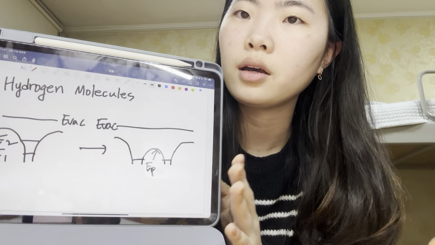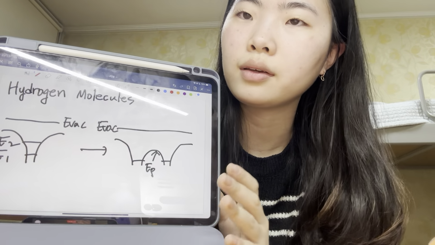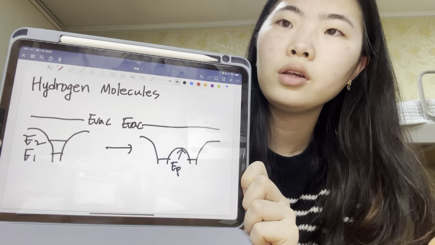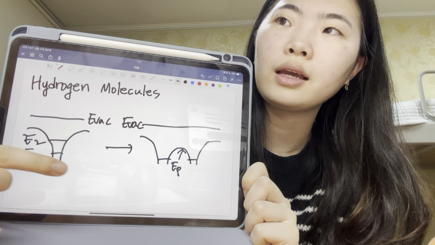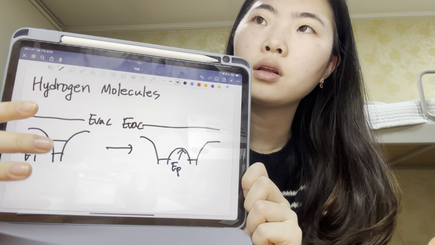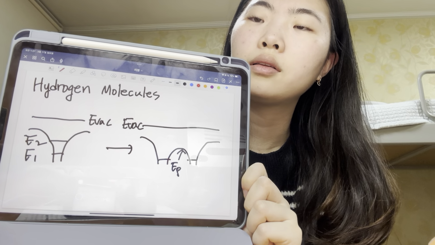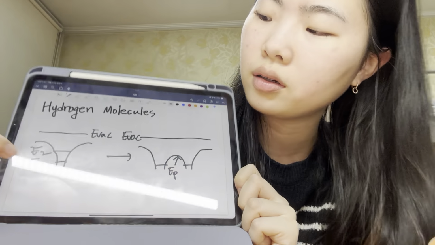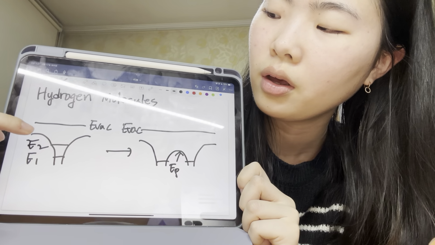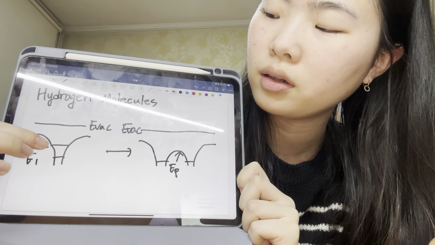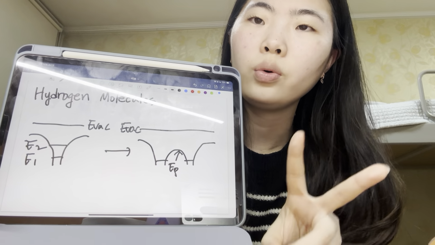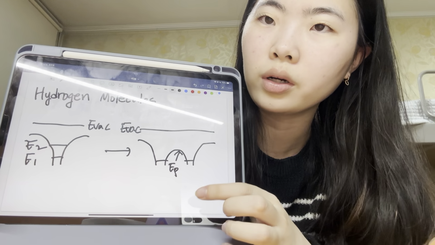I take this example. Actually, we should know about the energy characteristics. When two energy states combine, the energy becomes lower than before.